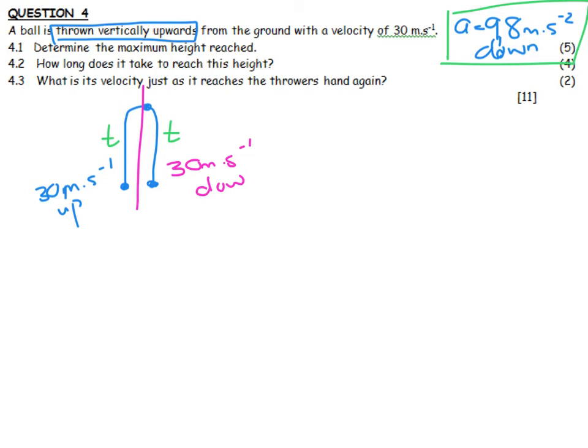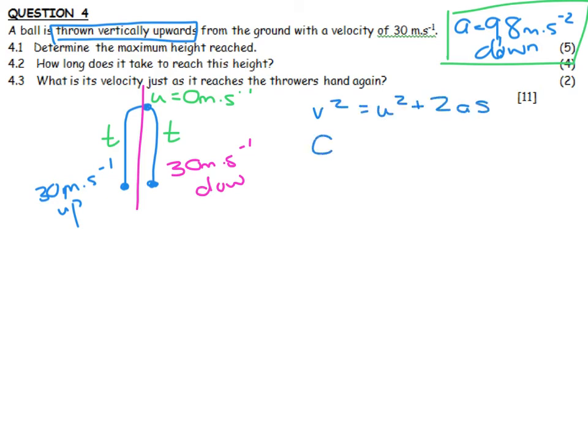What is the maximum height reached? At the maximum height, the final velocity is equal to 0 meters per second. So let us substitute in all of our information, and we have got v squared equals u squared plus 2as.